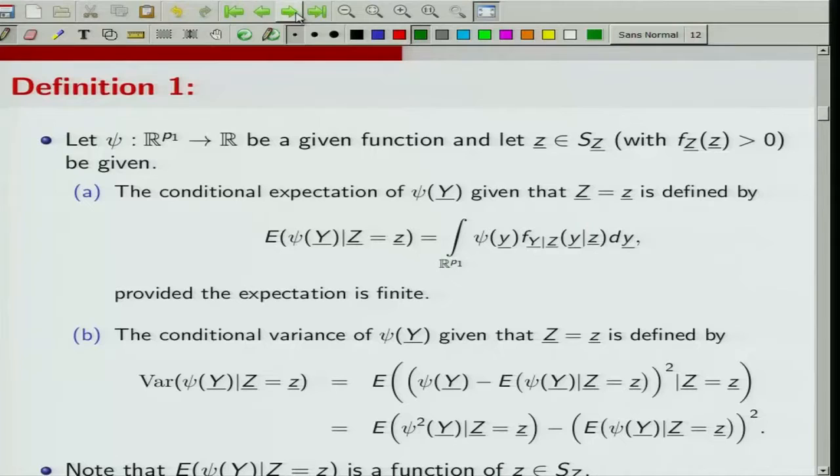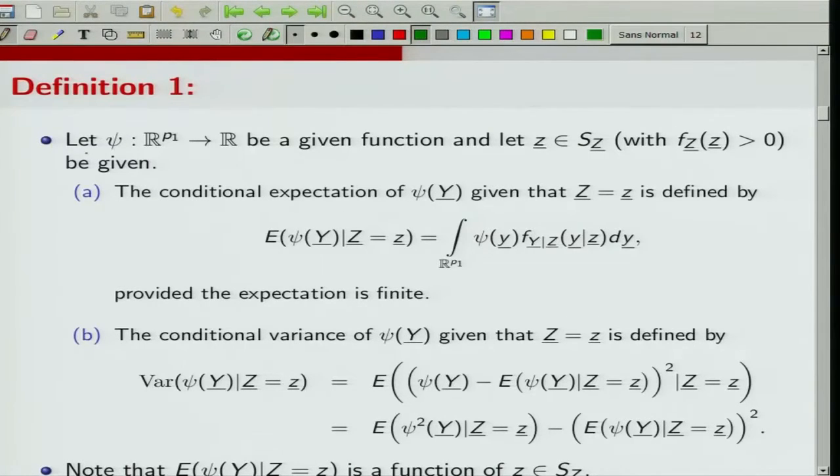So, now let me give the definition of a conditional expectation. You see what we have done: we have said expectation is nothing but integrating the corresponding random variable along with its probability mass function or probability density function. A similar concept holds for conditional PMF or PDF. If I am integrating the variable with the conditional PMF or conditional PDF for a fixed value of the conditioning variable, I get the conditional expectation.